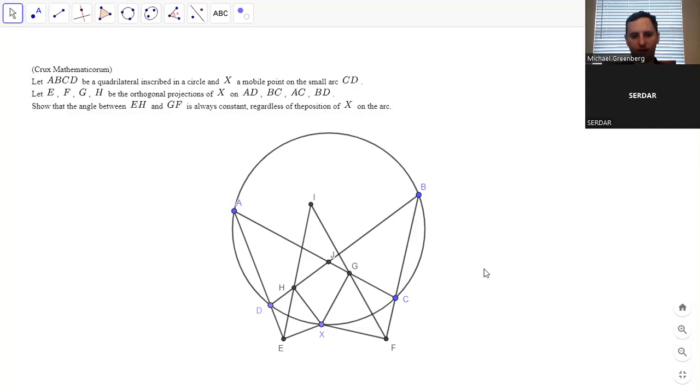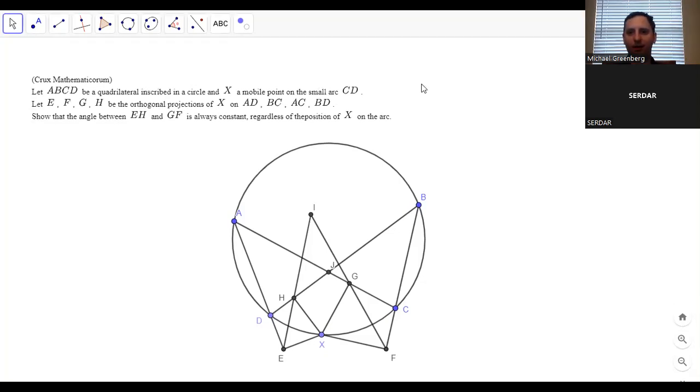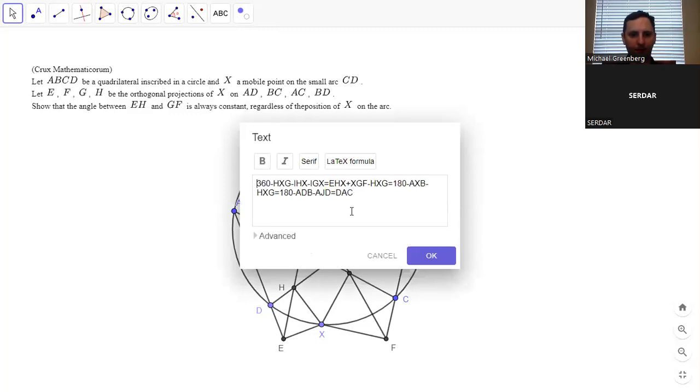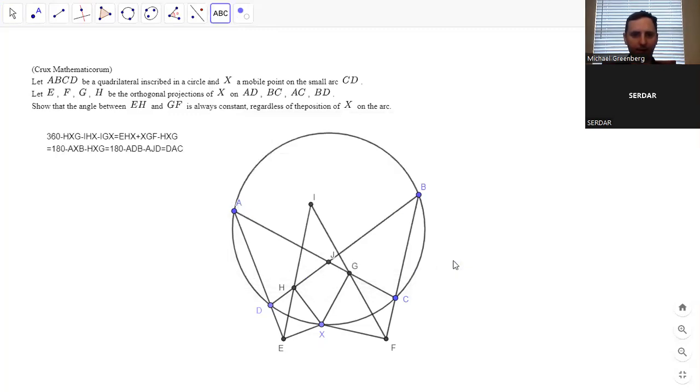And because angle CXD is always constant, it's not that hard of a problem. We can skip maybe without writing the solution. I'm just going to copy what you wrote and put it as text. But this one is a little too easy, I guess.